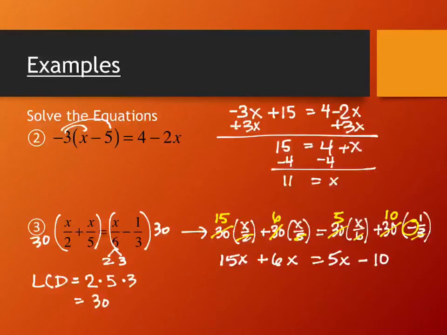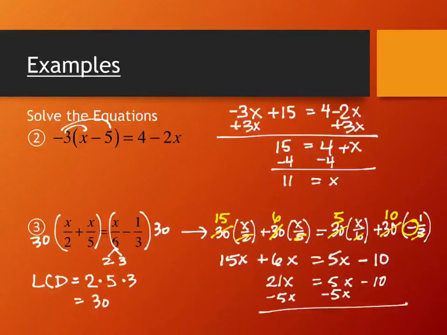That's a lot more friendly than the fractional equation that I started with, at least. I can combine the pieces pretty nicely. I have 15x and 6x, which gives me a 21x equals 5x minus 10. What would I do next? I'd move my 5x, so I subtract the 5x from both sides. 21 minus 5? 16x.